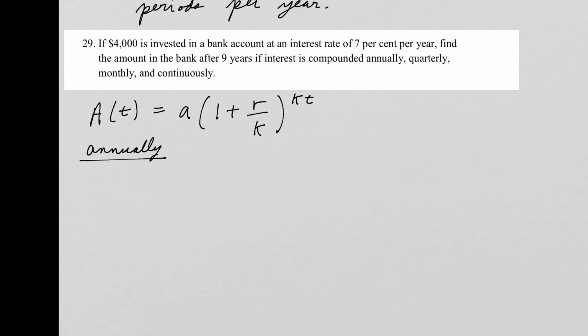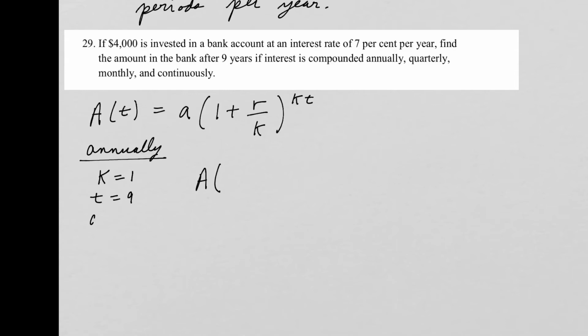What is k going to be if something's compounded annually? Annually, k is just equal to 1, right? It's the number of times it's compounded per year. So if it's annually, it's just equal to 1. So that means the formula is now going to be this. We want to know how much money we have after 9 years, so t is equal to 9.